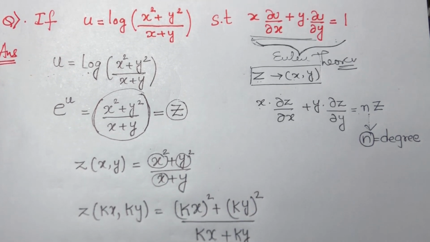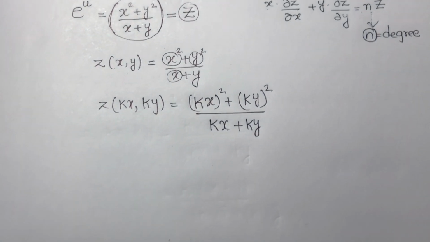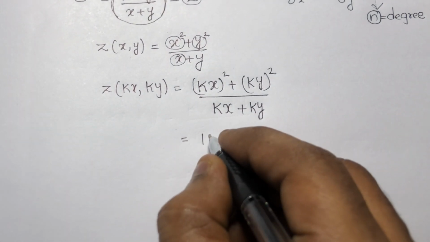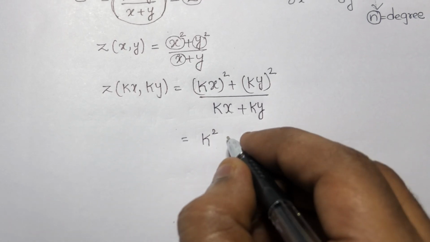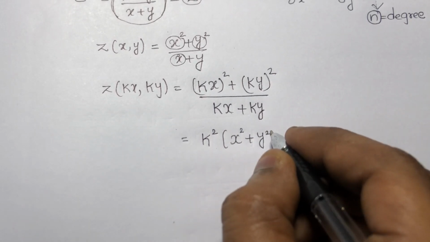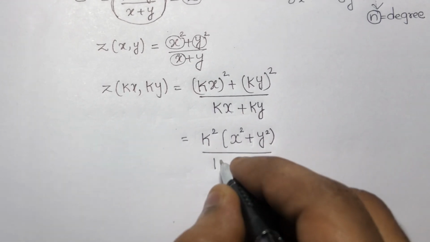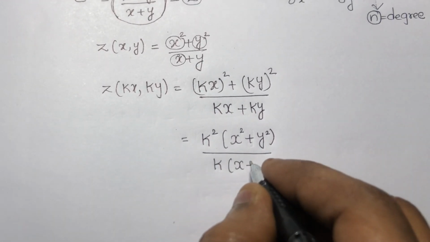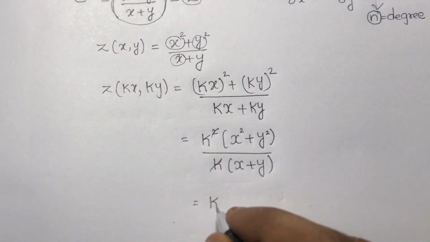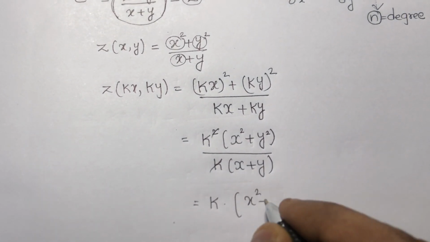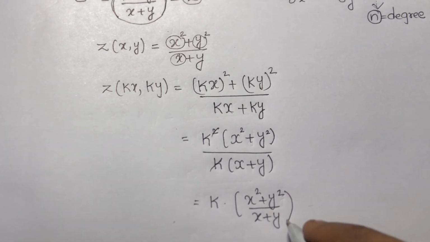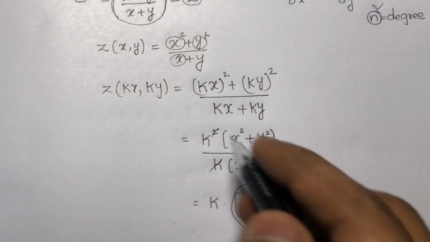And if you observe, I can take k square as common in the numerator, then the leftover term is x square plus y square. In the denominator, if I take k as common, then the leftover term is x plus y. One k cancels and you get k times (x square plus y square) by (x plus y). Now if you see, this is my z.